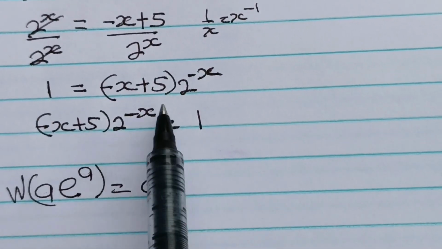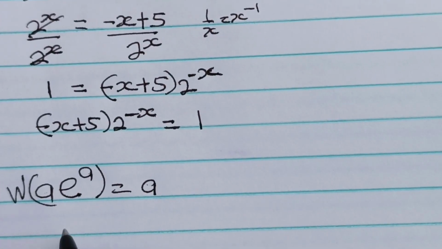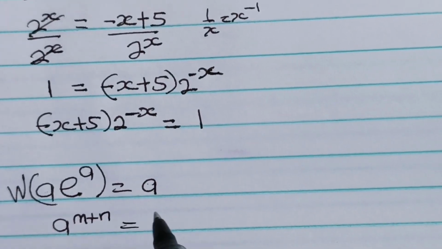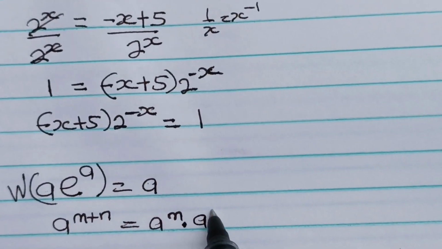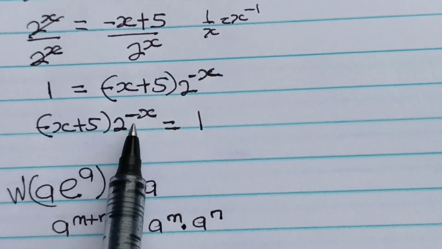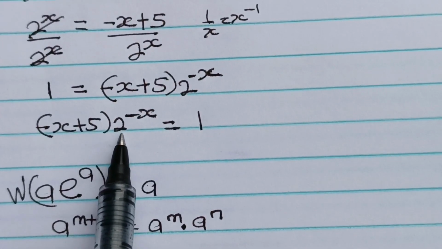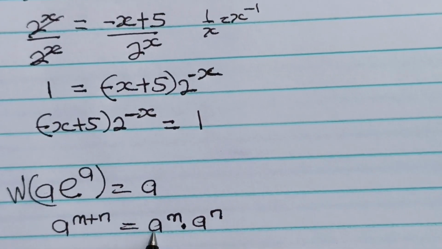And adding 5 to this side of the equation is the same thing as saying when you have a to the power of m plus n, this is the same thing as a to the power of m multiplied by a to the power of n. So it simply means that I'm going to multiply this side by 2 to the power of 5, so that I can pick one base just like we have here and add the powers. That is exactly what we are going to do now.